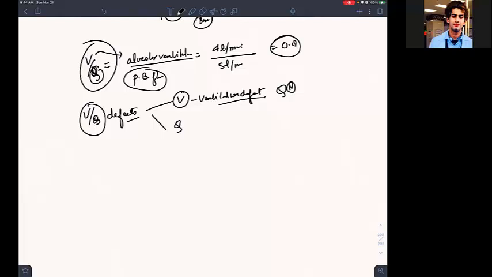For example, respiratory distress syndrome, RDS. There is intrapulmonary shunting of blood. In respiratory distress syndrome, what is the problem? We don't have surfactant.